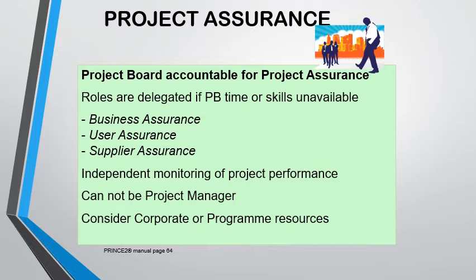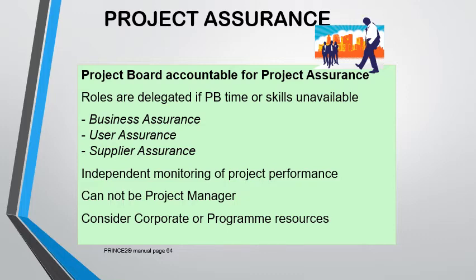They are assigned to project board members in the case where the skills required to give certain information with respect to the interest, the project board members do not have, or perhaps time is not in the hands of the project board member. They say they are not available during the period. So the project assurance members deputize in the area of tracking and confirming and advising on the project. They do not take the responsibility of authorizing on the project.